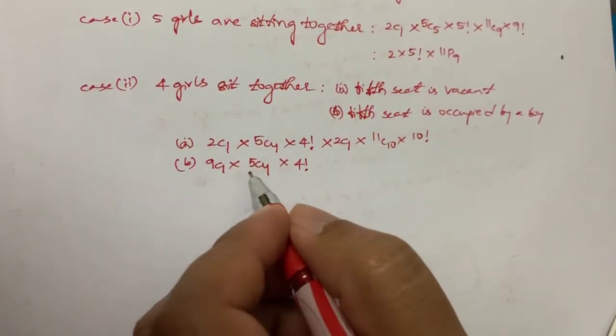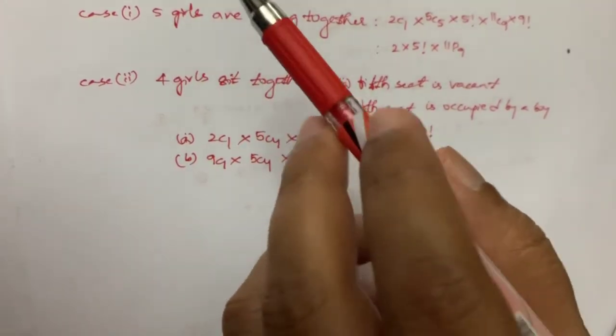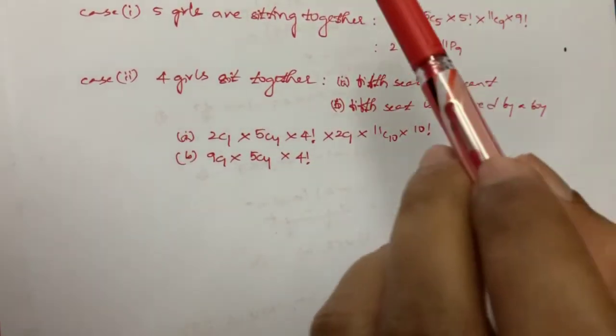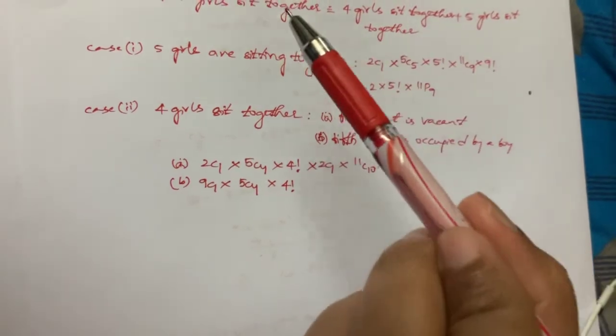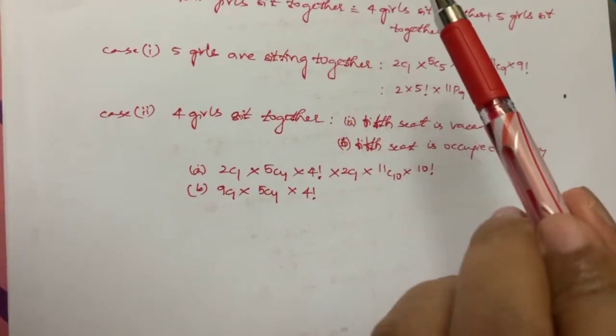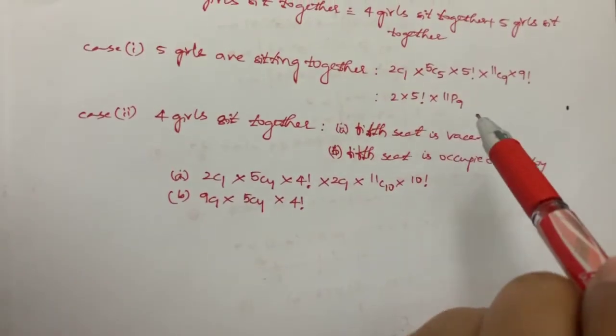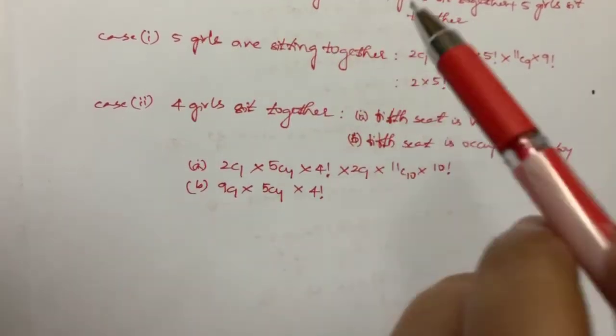The boy can occupy the first place or the fifth place: if he occupies the first place, the girls sit in 2, 3, 4, 5; if he occupies the fifth place, the girls sit in 1, 2, 3, 4.